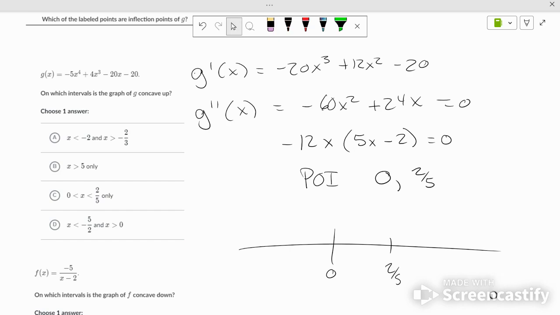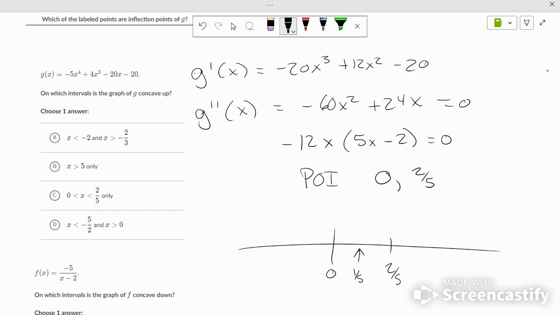Now, if we check a number in between, so if we check 1/5 in the second derivative, let's put 1/5 into the second derivative and see what kind of number we get.